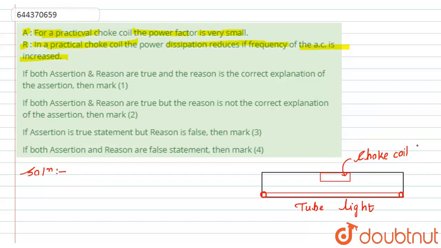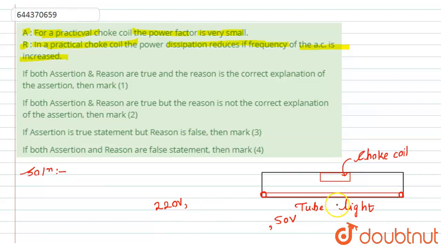The purpose of the choke coil is to reduce the EMF across the light. The supply voltage coming from our house board is 220 volt, but the voltage required for the tube light is only 50 volt.